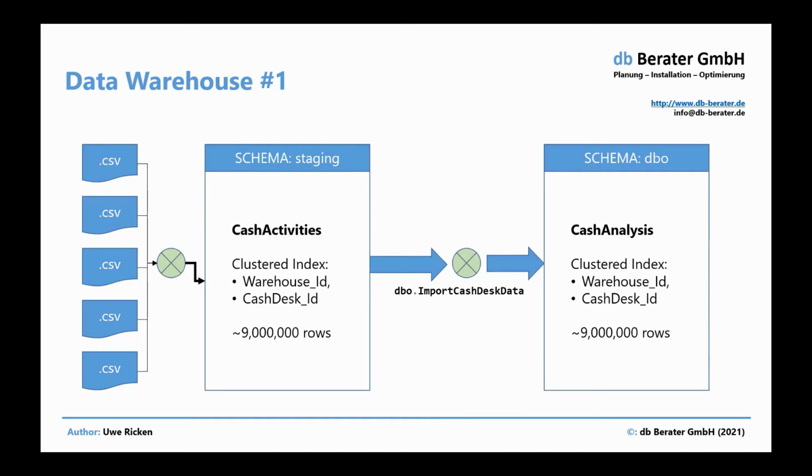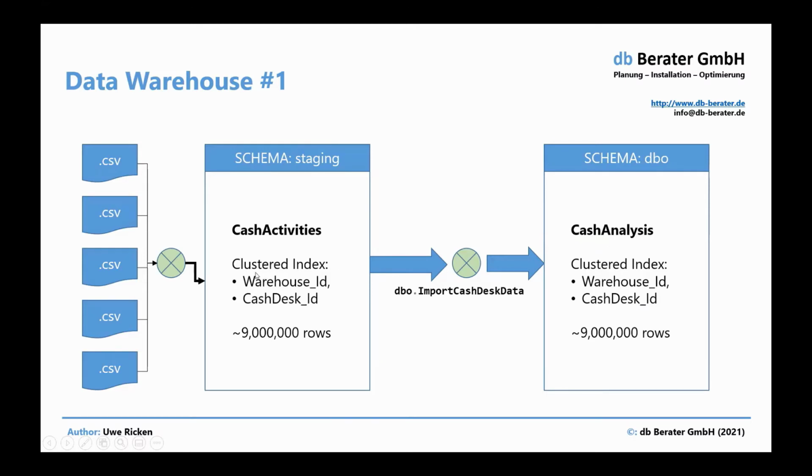So my demo will not start here with the CSVs. It's not necessary. Think about this. All the CSVs, the cache information, have been loaded into a staging area here. So one by another, everything was formed. Then we import the cache desk data into the cache analysis.